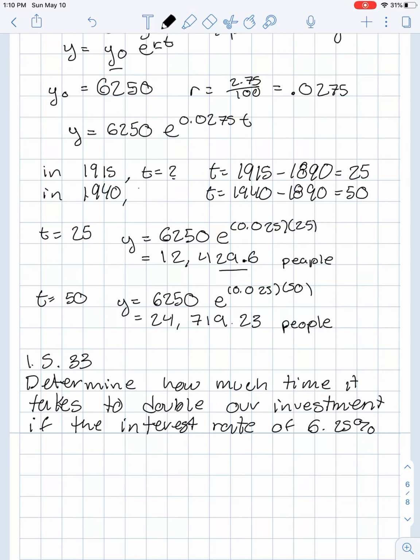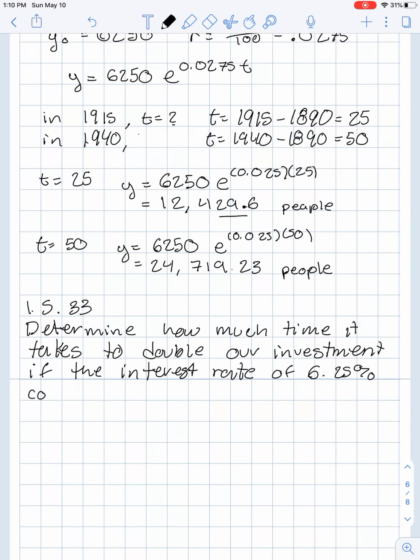We have an interest rate of 6.25%. And we are compounded annually, not continuously, annually. So if you remember that equation, it is A equal to P(1 plus r) to the t, or x.